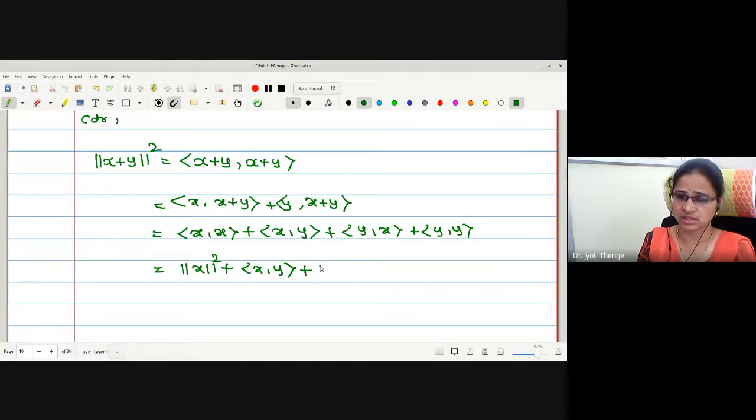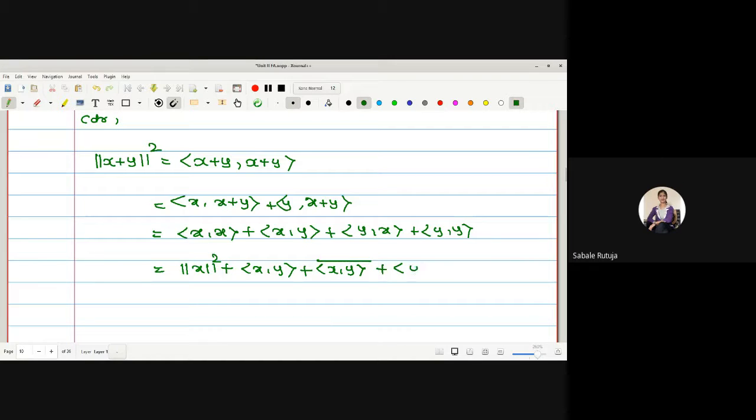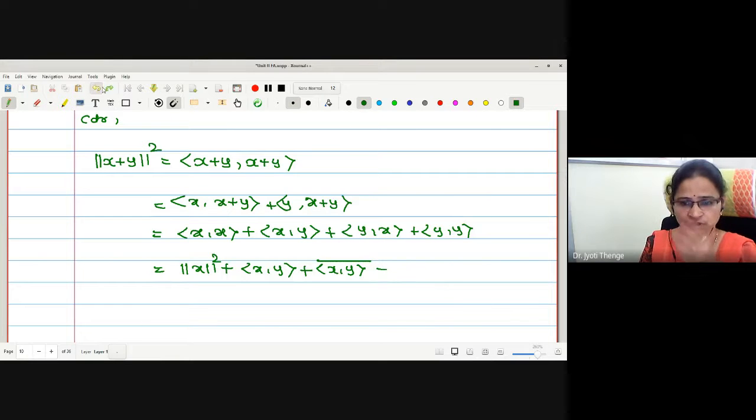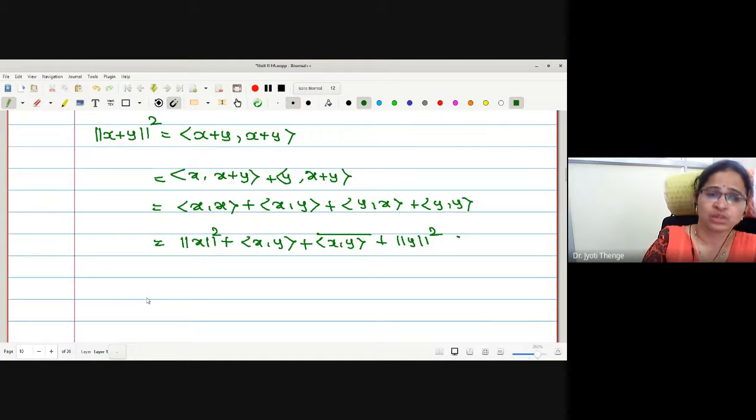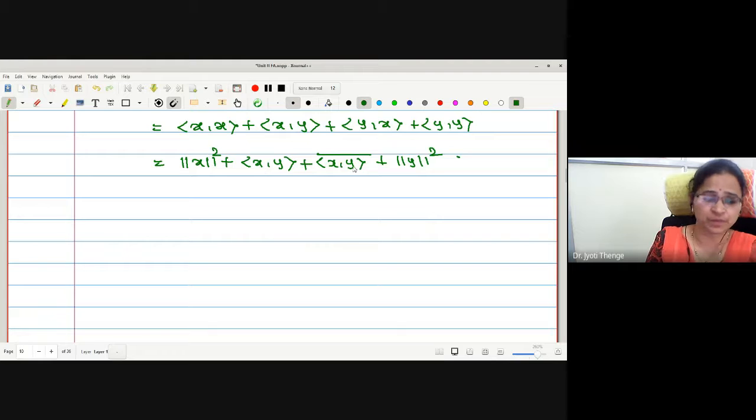May I write this as the conjugate of inner product xy? Yes. This I will write as norm square. Now this middle term is of the type z plus z bar, no? And we know a complex number with its conjugate, what is the addition of a complex number with its conjugate, z plus z bar?